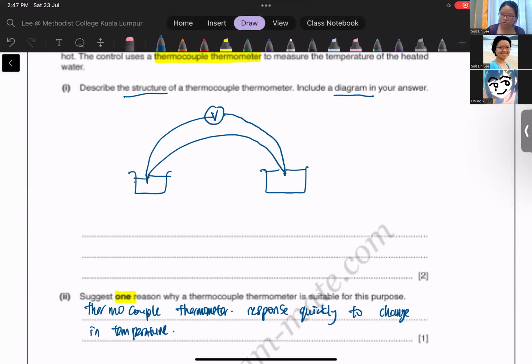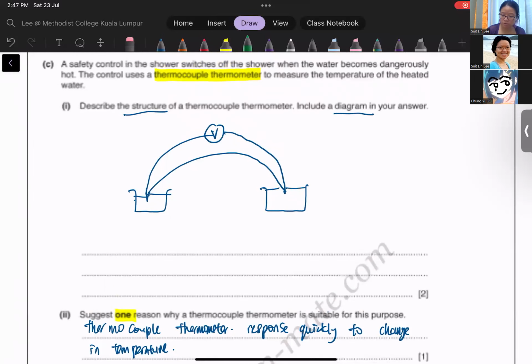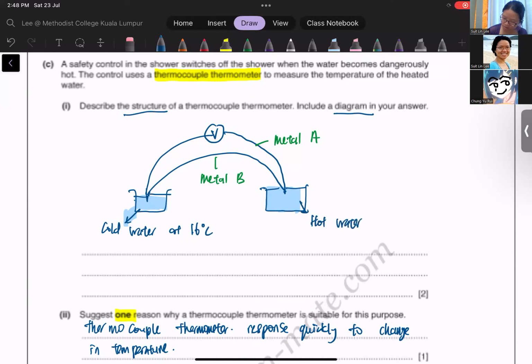You could say this one is metal A. You don't need to know the type of metal because this is not a chemistry class. Got metal A and metal B, like this. Have a voltmeter in between. And then this part here is the cold water, at 16 degrees Celsius. And this one here is the hot water at 35 degrees Celsius.